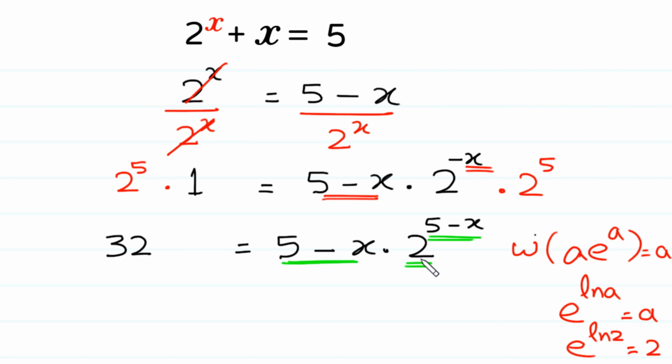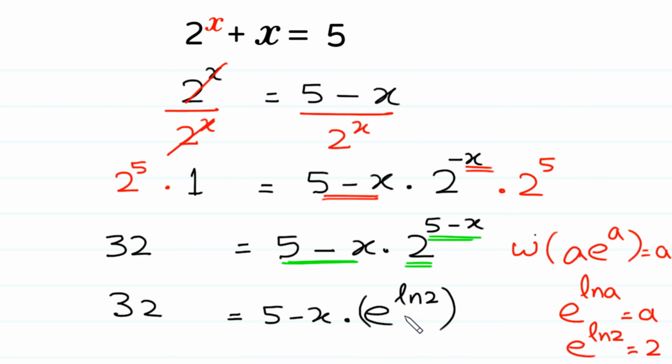So we replace this 2 with this e to the power ln of 2. Like this, 32 is equal to 5 minus x times, we replace this 2 by this e to the power ln of 2. E to the power ln of 2 to the whole power, this power 5 minus x.